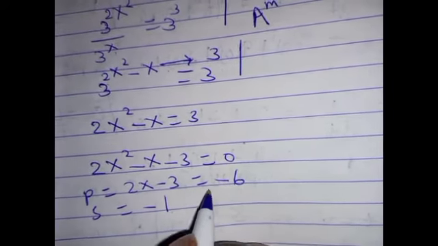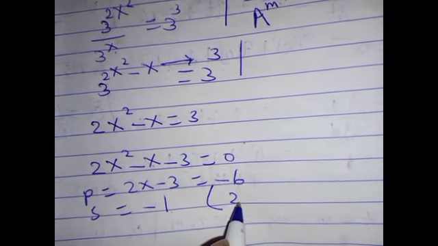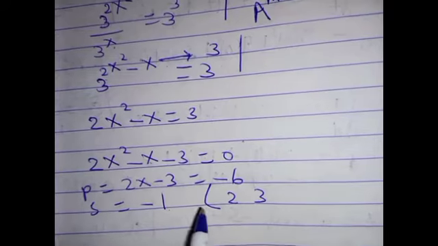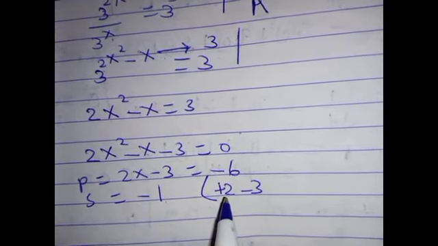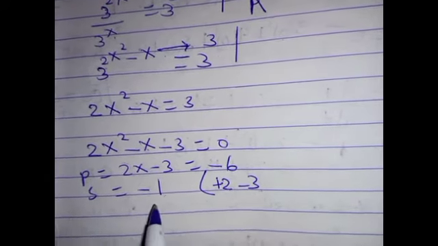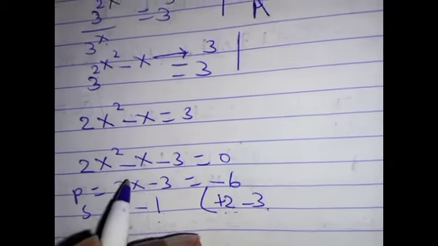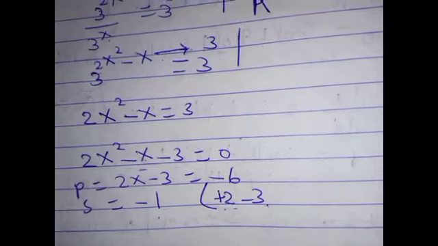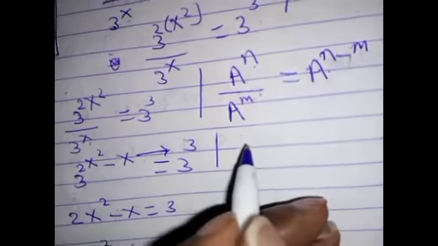So we ask ourselves the two numbers which we can multiply to get 6. So we have 2 and 3. So we will have positive 2 and negative 3, because positive 2 plus negative 3 is negative 1, and positive 2 times negative 3 is negative 6. So here, where you have negative x, we substitute it with positive 2 and negative 3. So we do it here.